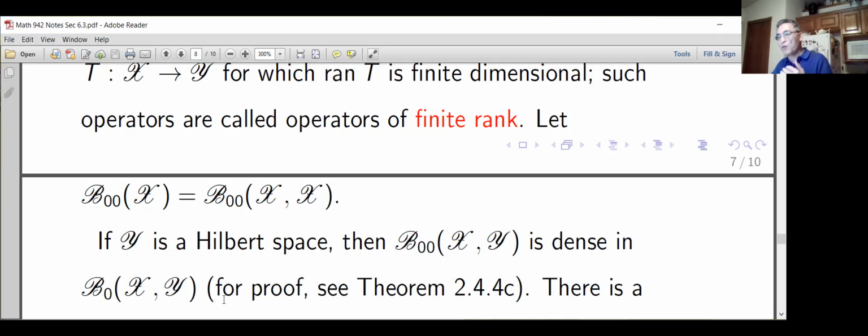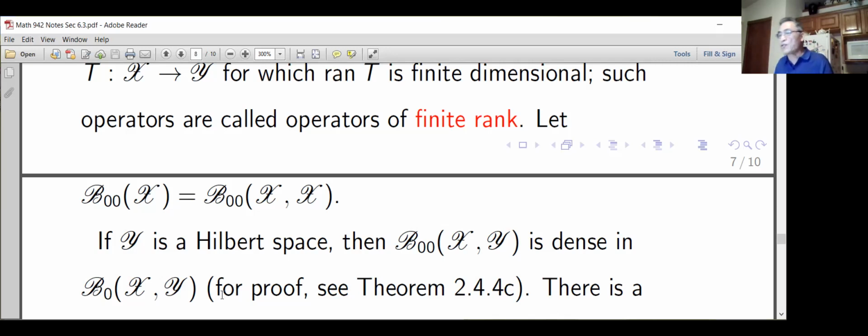So the closure of the range is a separable Hilbert space, and for it we can find an orthonormal basis. Then we can have the standard projection Pn, the orthogonal projection onto the first n vectors in the basis. Our proof depends on the existence of such an orthonormal basis.